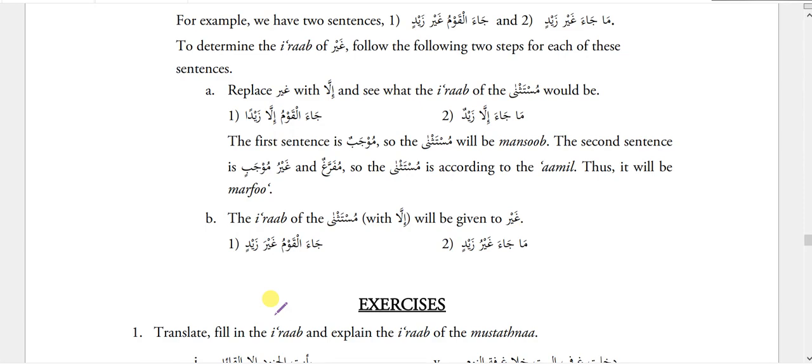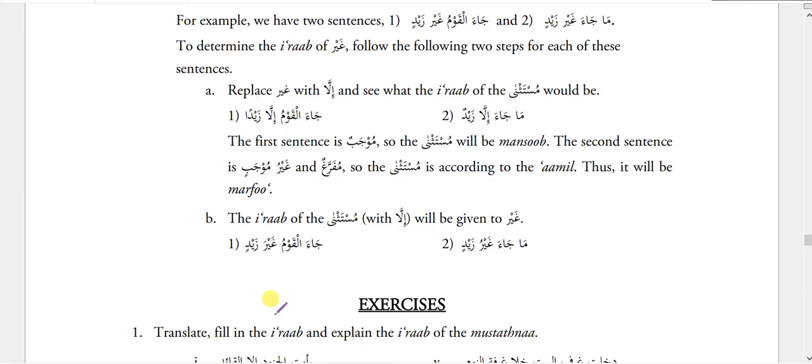For example, if illa is in such a place where the mustasna has zamma on it, give ghairu a zamma. And if illa is in such a place where the mustasna has fatha on it, then again give fatha to ghaira. If this whole thing is confusing for you, just try to memorize this, the last statement for the i'rab of ghaira.